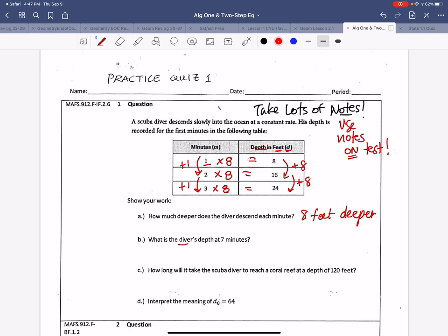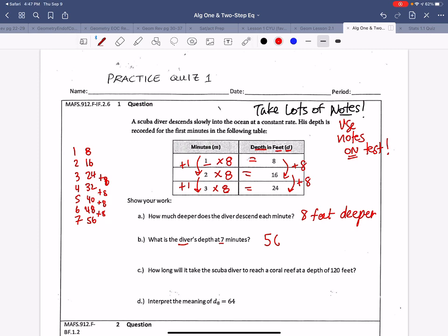Then it says, what is the diver's depth at 7 minutes? Okay, so some students are going ahead and doing just repeated addition. So 8, 16, 24. And if we add another 8, 32, add 8, 40, add 8, 48, add 8, 56.